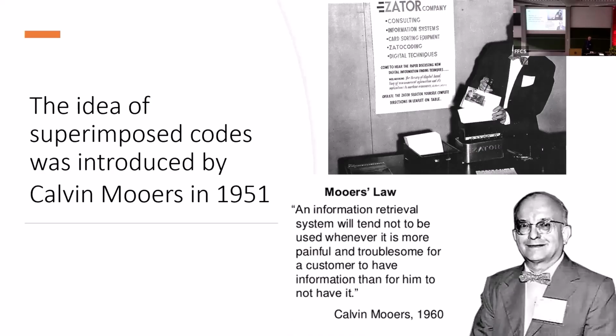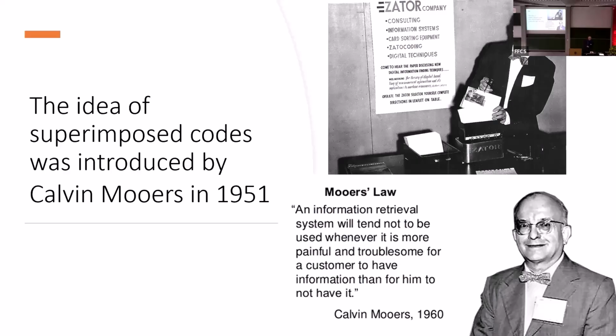Actually, Mooers was also the one who introduced the expression information retrieval, and is also very well known for Mooers' law, which is the other Moore's law, which essentially says that an information retrieval system will be used only if it is easier to use it than to find directly the information that you are looking for.